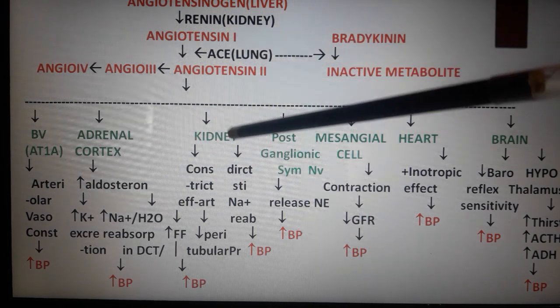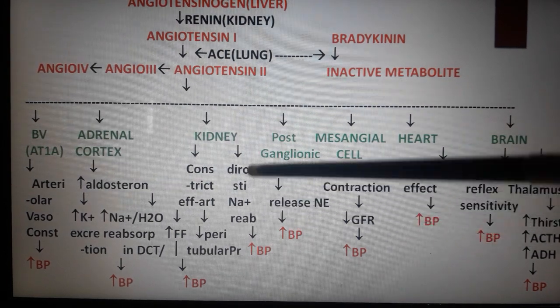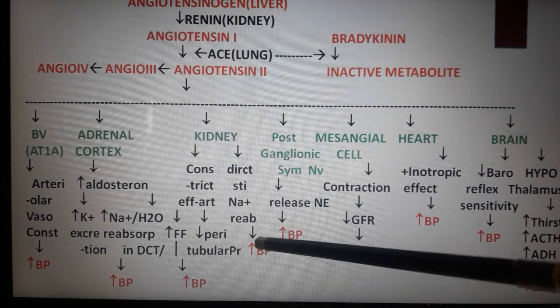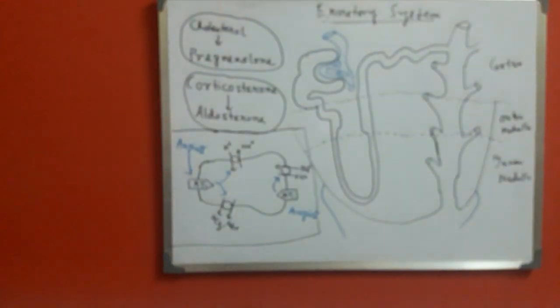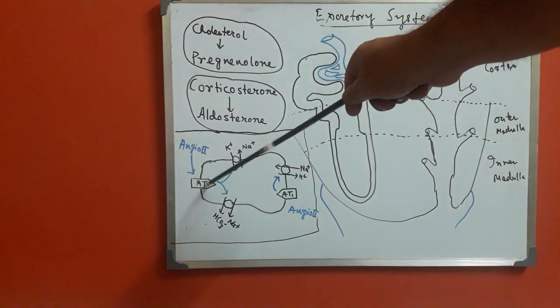In kidney, it also directly stimulates sodium reabsorption from the PCT, from DCT and the collecting duct, and it increases BP. It directly stimulates the angiotensin receptor present in the different parts of the kidney. This is the angiotensin receptor.